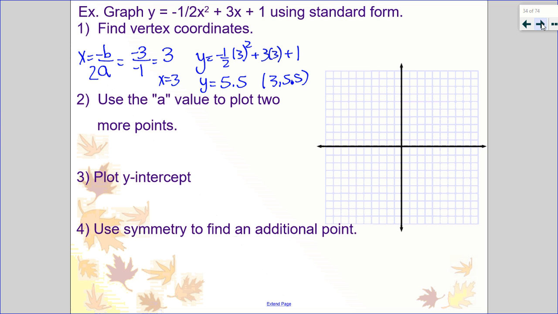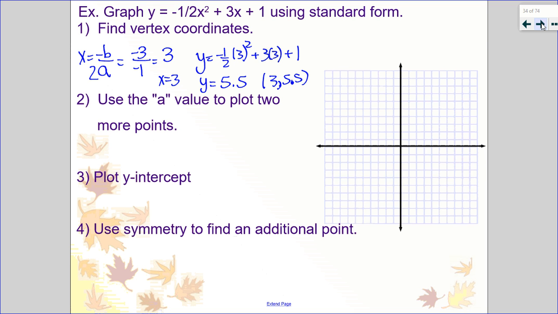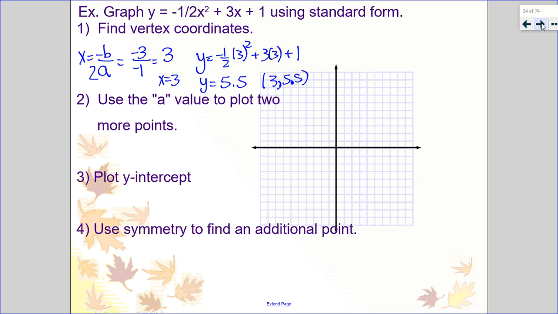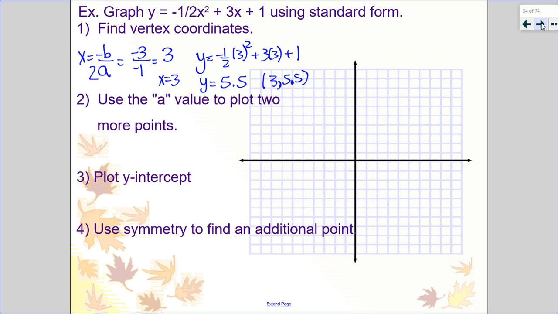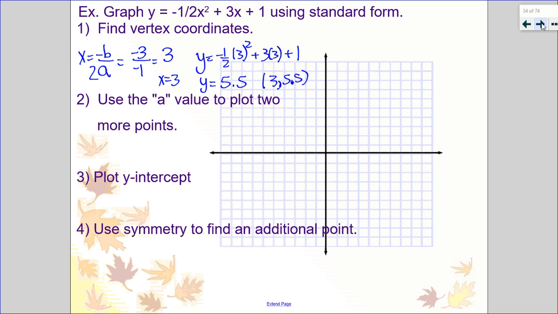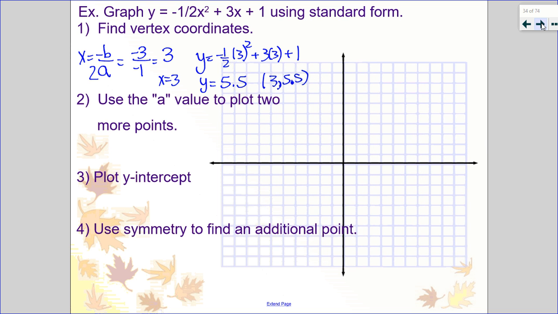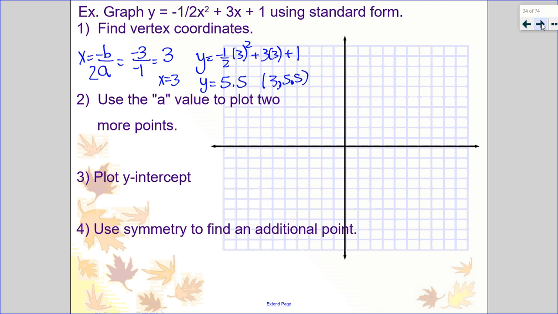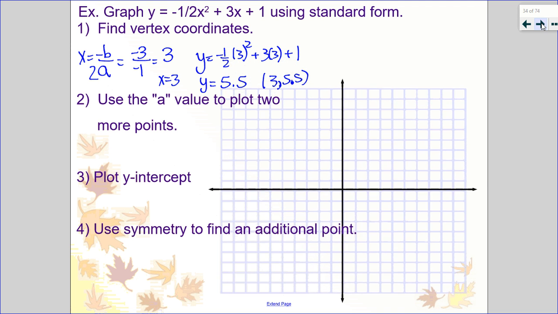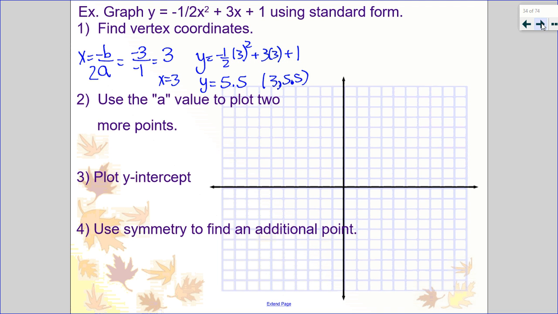So I'm going to go ahead and put 3 comma 5.5 on my graph. Let me make my graph a little bigger. Three comma 1, 2, 3, 4, 5.5.